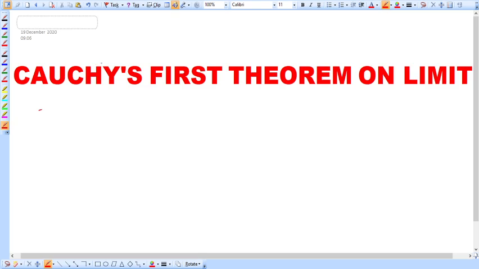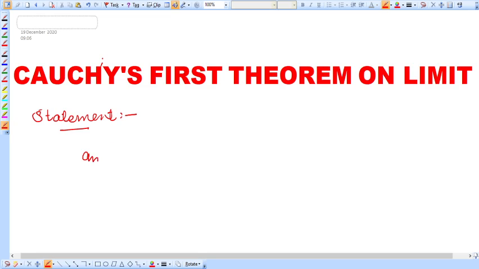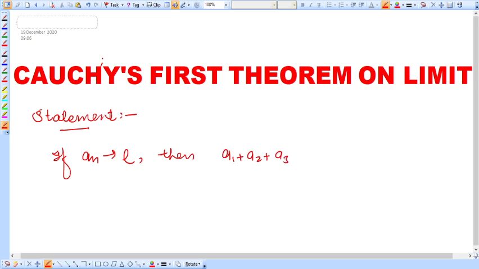The statement of this theorem says: if limit of an is equal to L, then limit of (a1 plus a2 plus a3 up to so on plus an) divided by n is also equal to L.